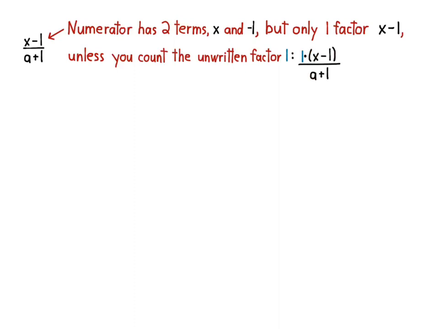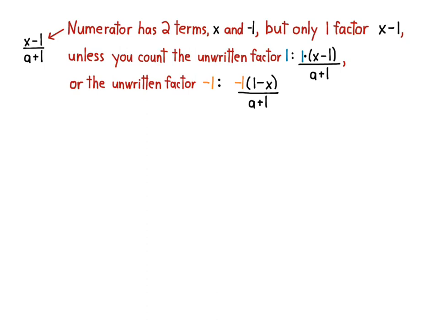Now, of course, you could think of these as 1 times the quantity x minus 1 in the numerator, or even 1 times the quantity a plus 1 in the denominator. You could also think of negative 1 as a factor of either the numerator or the denominator.